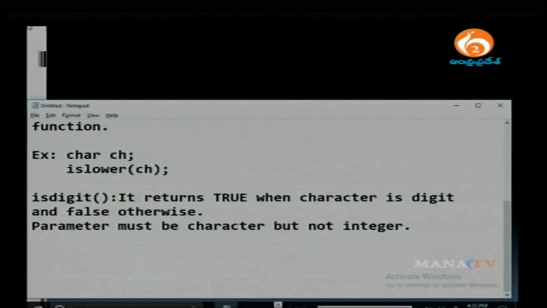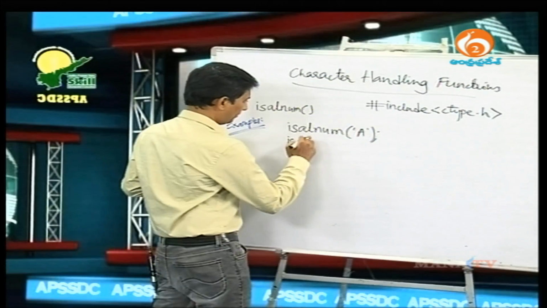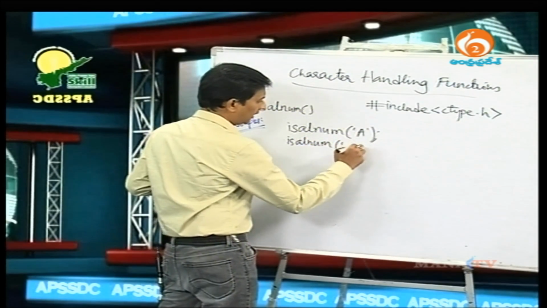Next we go for is alnum. Is alnum of capital A, is alnum of small letter a.